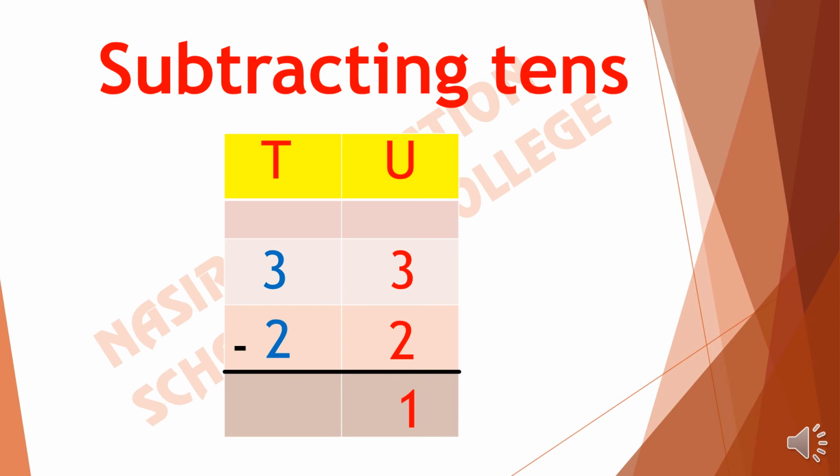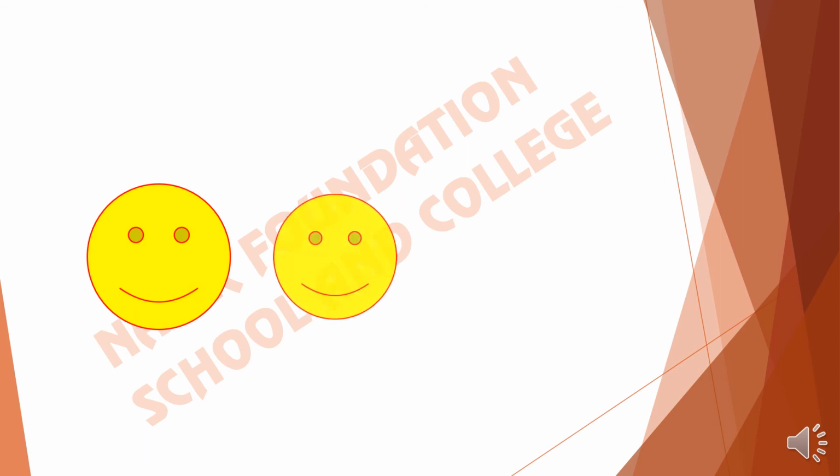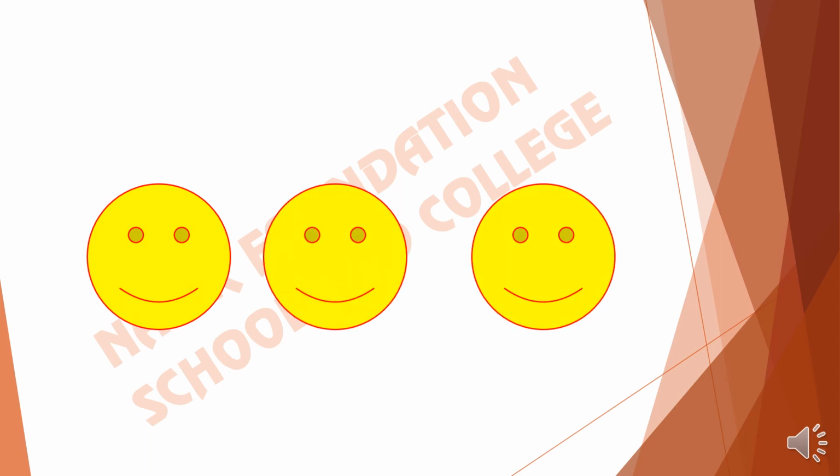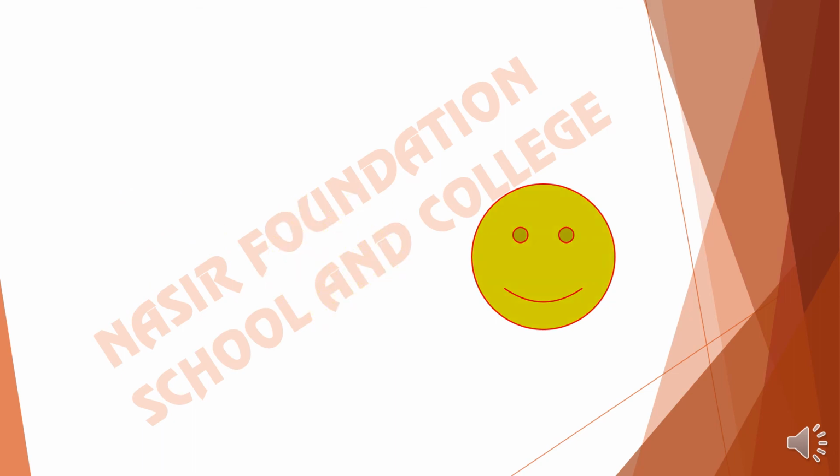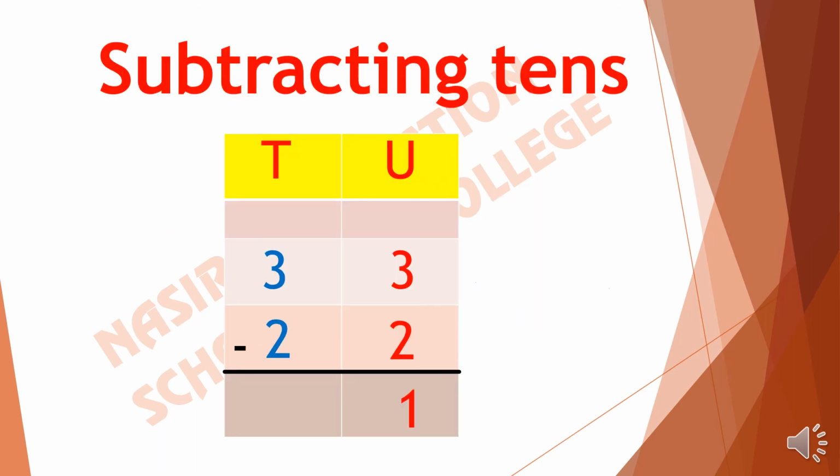We have to subtract 2 tens out of 3 tens. 1, 2, 3. We have to subtract 2. 1, 2, and we are left with 1. So we will write 1 in tens column. If we subtract 22 out of 33, we are left with 11.